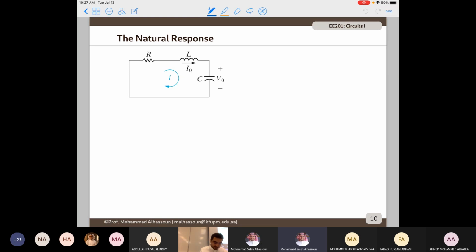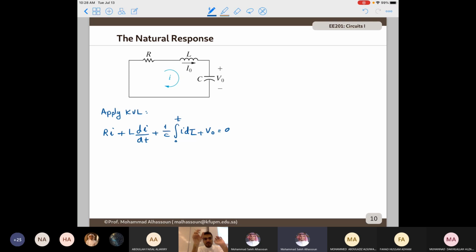What we need to do is first apply KVL. If we apply KVL, we have R multiplied by I, the voltage across the inductor, L di by dt, plus the voltage across the capacitor, which is the integral of the current passing through the capacitor, plus V naught equals 0.